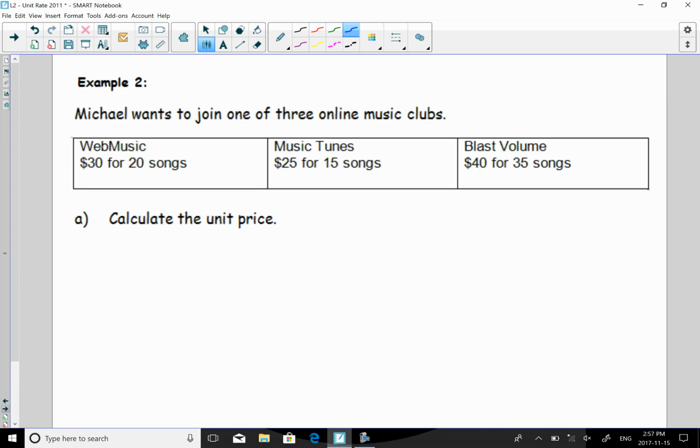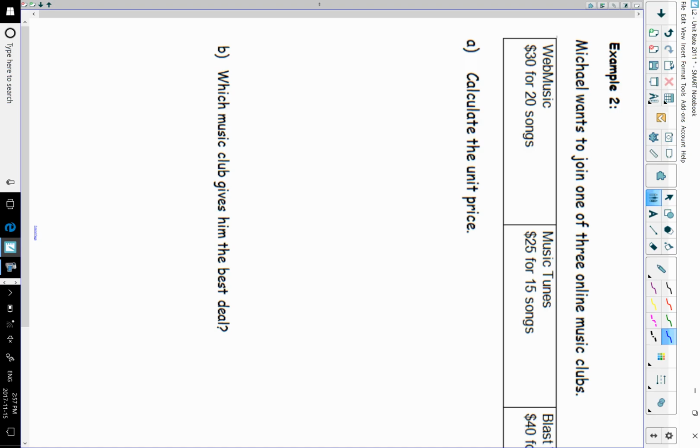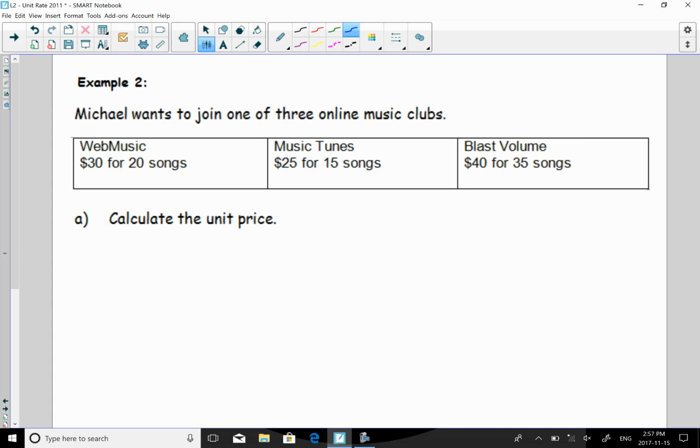For example, in example 2, Michael wants to join one of 3 online music clubs: Web Music, Music Tunes, or Blast Music. Web Music charges $30 for 20 songs. So let's calculate the unit price of that.